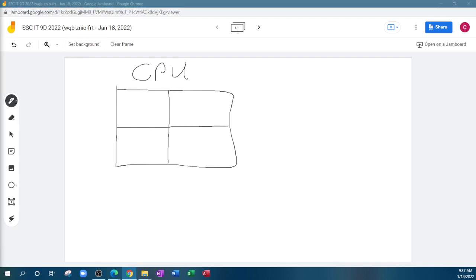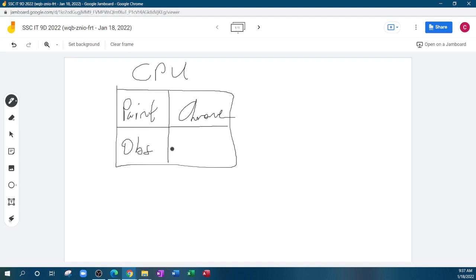For example, if it's dividing itself for software, Paint could use this part of the CPU. Chrome could use this part over here. What else do we have? OBS could use this part over here. Excel could use this part over here. So the CPU can divide itself and say that these persons can use these parts.